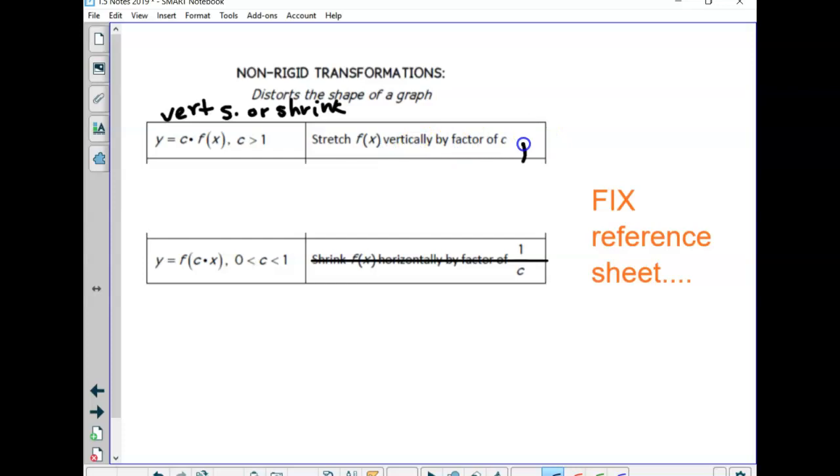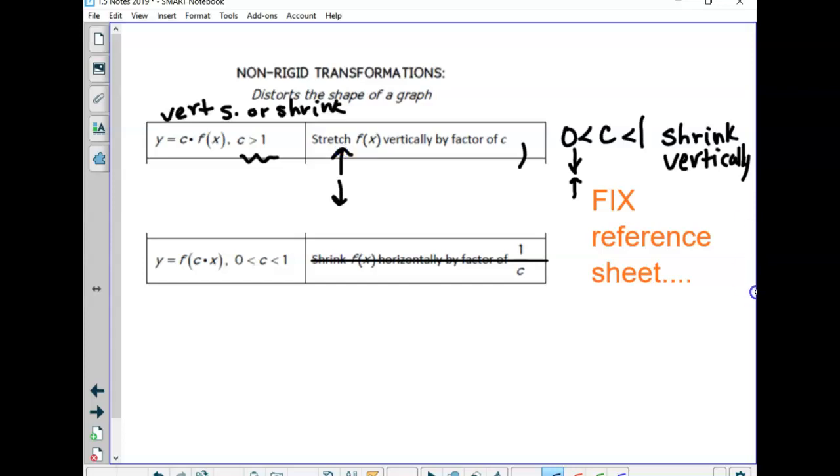Behind that, if you write 0 is less than c is less than 1, that would shrink it vertically. So it would shrink it in this way. And the stretch of greater than 1 was stretching it up and down this way. Some of you have trouble with the word vertical and horizontal, so I'm trying to clarify.